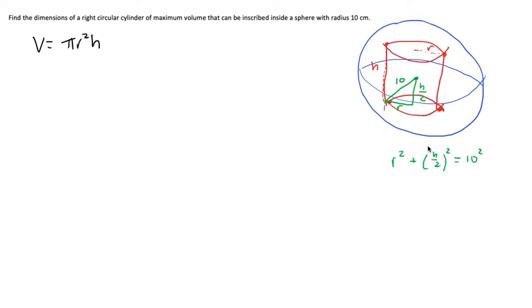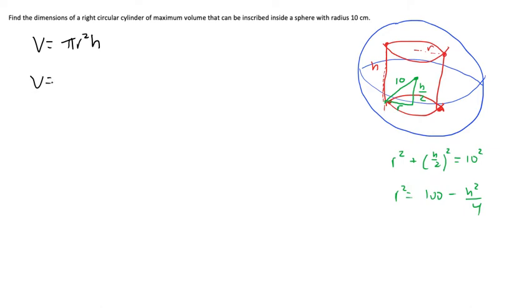From here we can do a couple things. We can solve this for h, or we can solve this for r and put it back into the equation for volume. It looks like it's going to be a lot easier to solve this for r squared, because we already see that r squared. So r squared is going to equal 100 minus h squared over 4. Now let's plug that in.